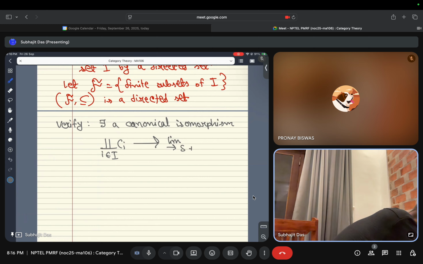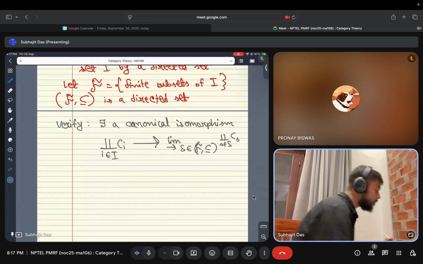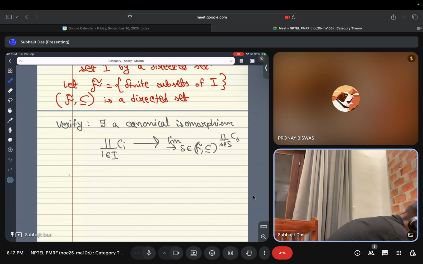the coproduct over s in S of C_s, where S is a finite subset, S in F. So there exists a canonical isomorphism such that the coproduct of C_i is isomorphic to the limit over S in F of the coproduct over s in S of C_s.